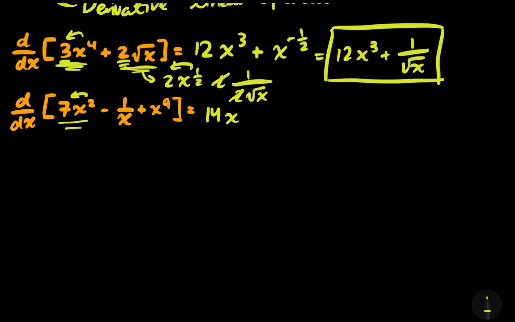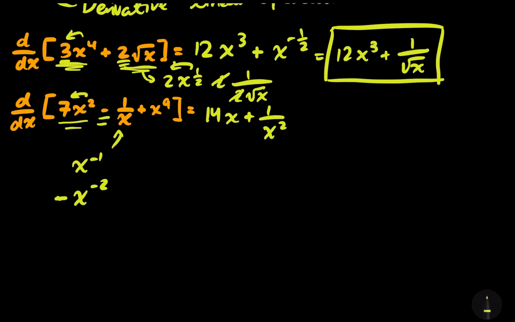And then if you recall, 1 over x right over here, remember that 1 over x is just x to the negative 1. And so if we take the derivative, then we'll get essentially negative x to the negative 2. But we already have this negative sign over here, so we'll end up with positive x to the negative 2. Another way to rewrite that is just 1 over x squared.